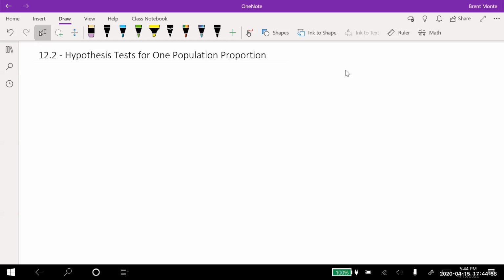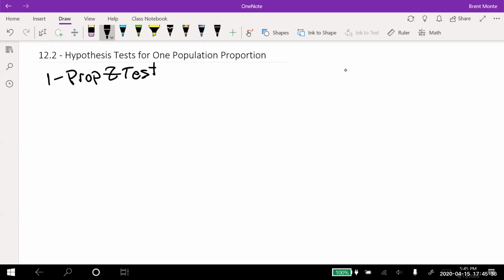It still has to be a random sample, a simple random sample, and n times 1 minus p, or the x and the n minus x, those both have to be at least 5. So we have to have 5 with and 5 without the characteristic. Okay, so the rest of the hypothesis test is pretty much the same. They give us a new formula for z, but we don't care. We're going to use the calculator. So in here, we're just using 1 prop z test.